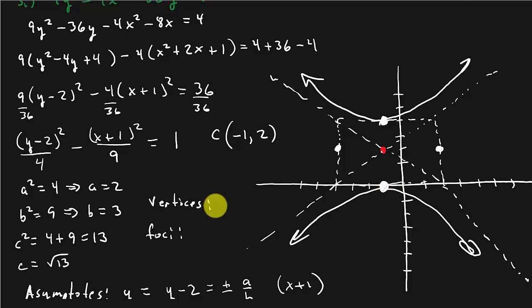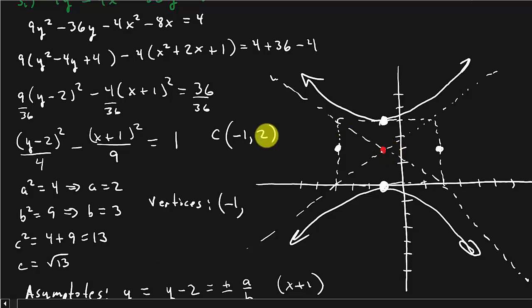Because we're moving up and down. So the vertices, that's going to be negative 1. And then the y coordinate is 2. And I'm going to be adding and subtracting what to it?